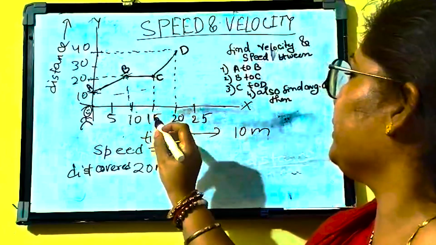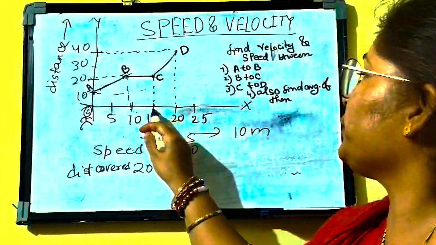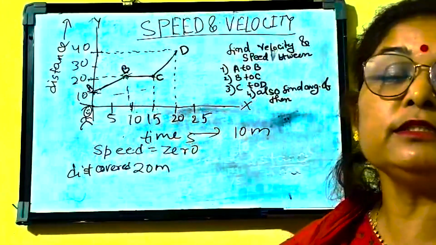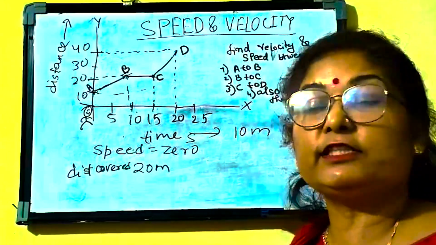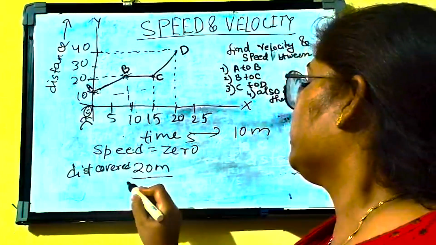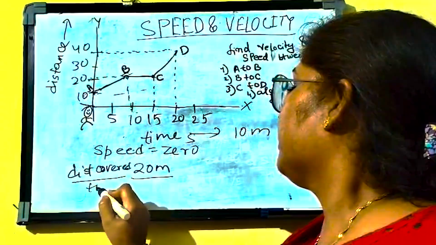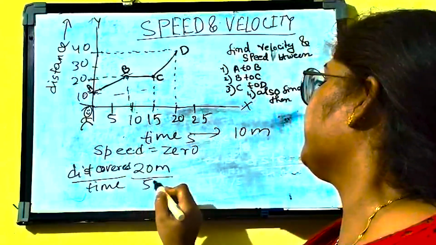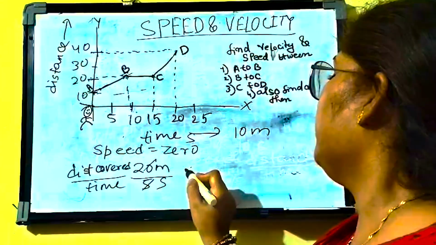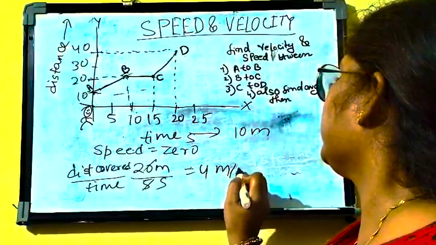And what is the time interval? The time interval is 15 to 20. That means in 5 seconds it covers 20 meters. So it will become 4 meters per second.